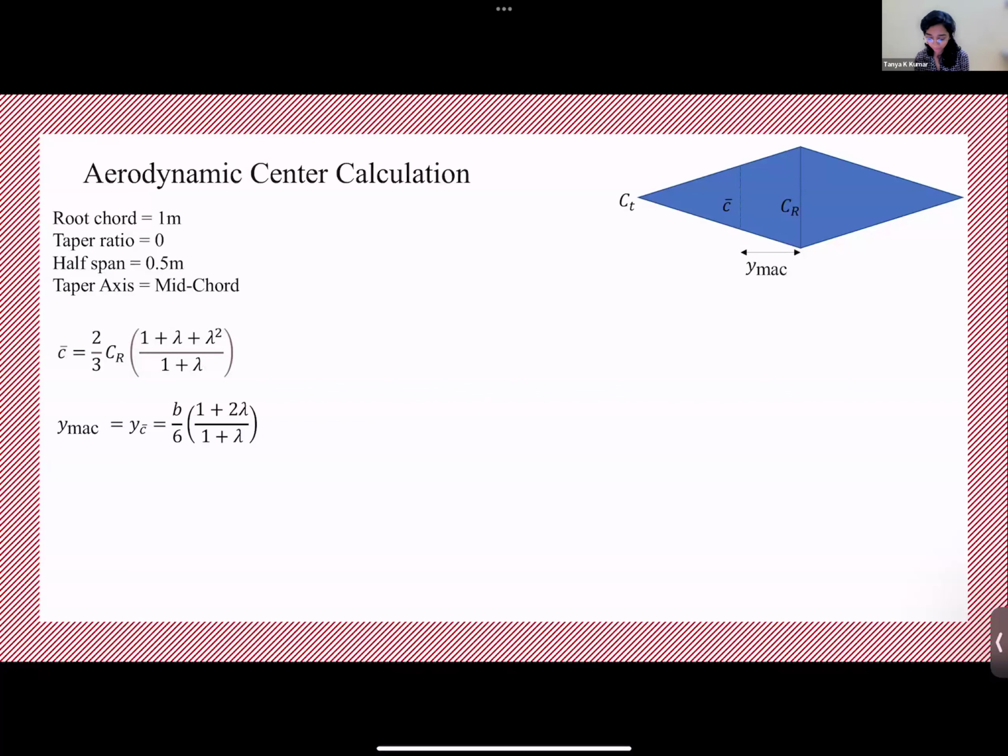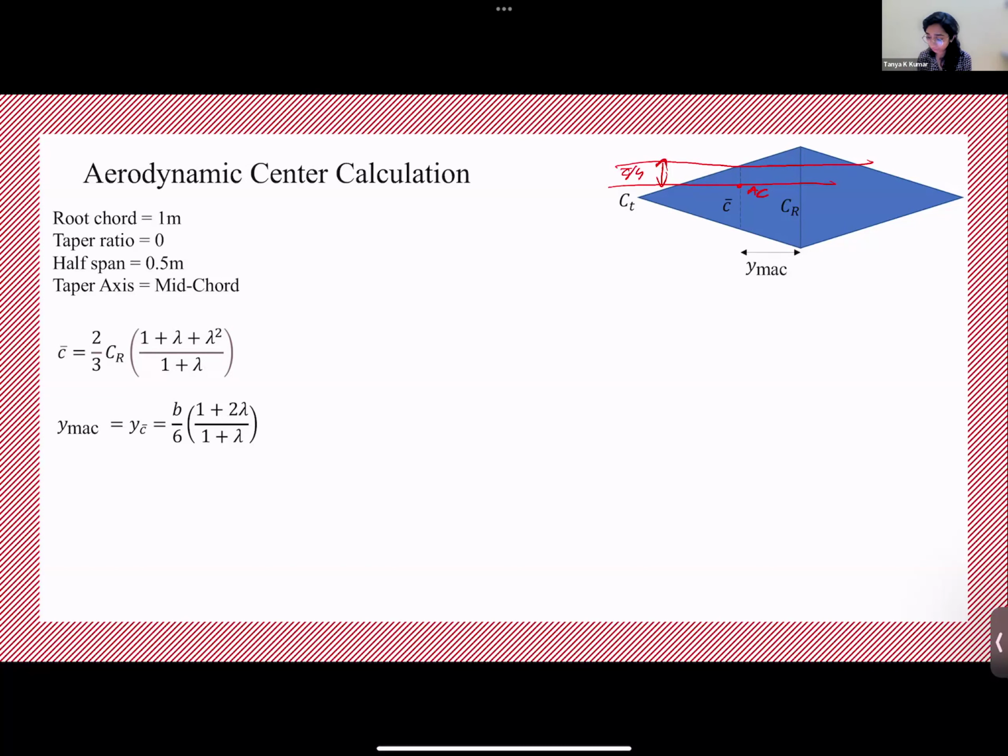So now let's try finding out the XAC, YAC, C bar. On the mean aerodynamic chord, at what point will the aerodynamic center be? If this is your AC, let's draw this line and this line. What is this distance? C bar by 4, exactly. So quarter chord point is the aerodynamic center. This is your AC.